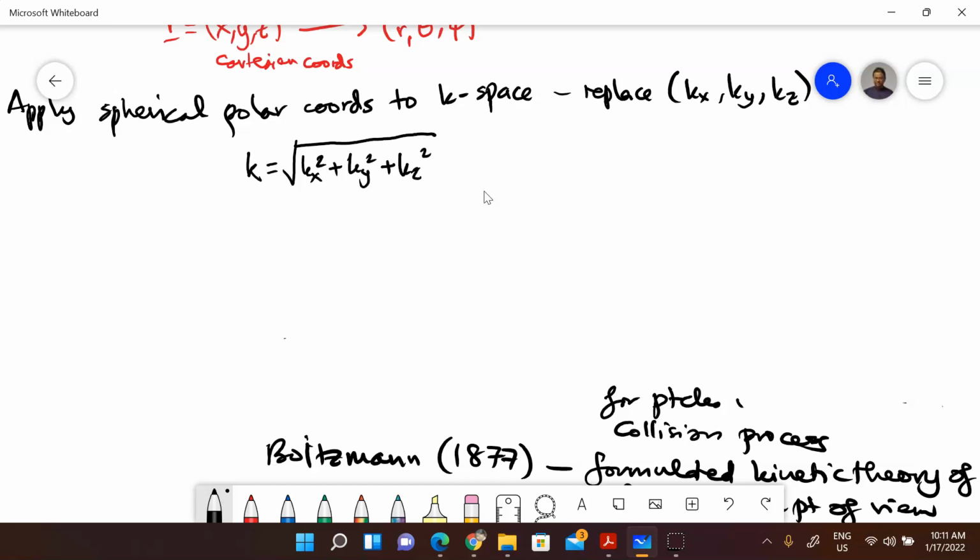And then your theta, if you remember, was the angle between the z-axis and the vector, so this will be inverse cos of kz, the component of the wave vector along the z direction, divided by the magnitude of your wave vector.